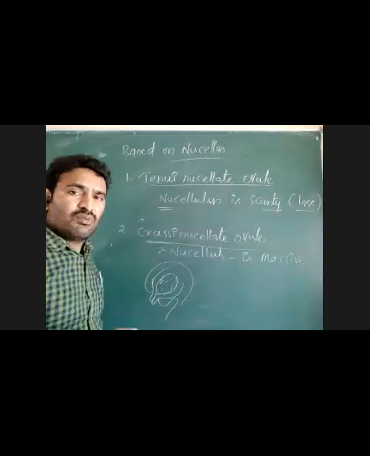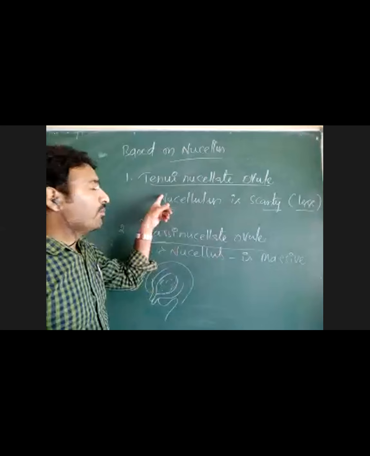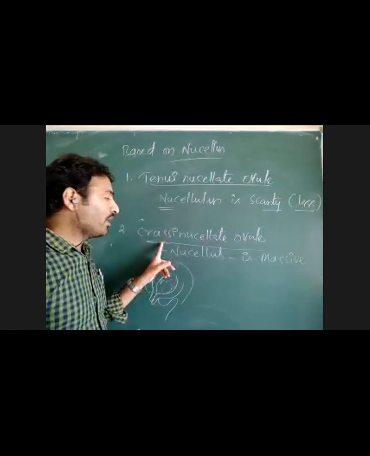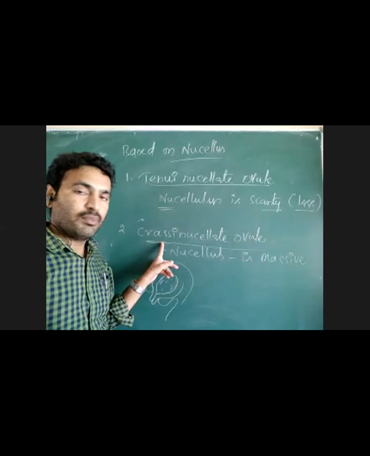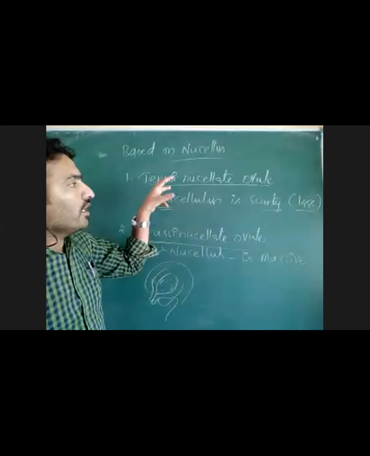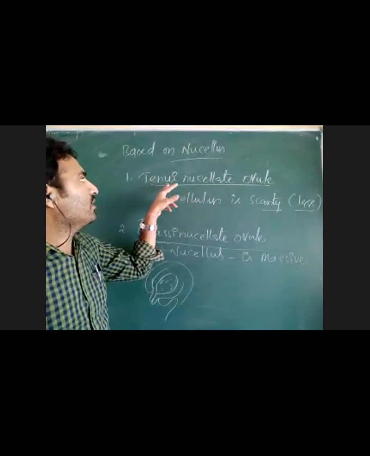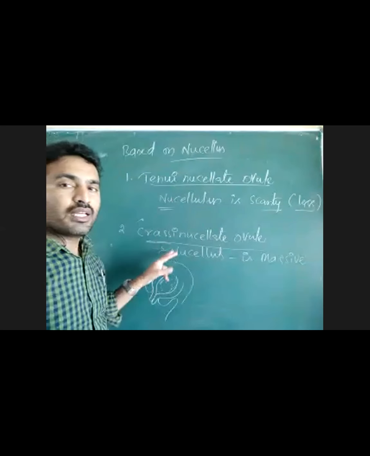One plant cannot be said to be particularly tenuinucellate and another particularly crassinucellate. Why? Because a single plant may have a tenuinucellate ovule or a crassinucellate ovule.